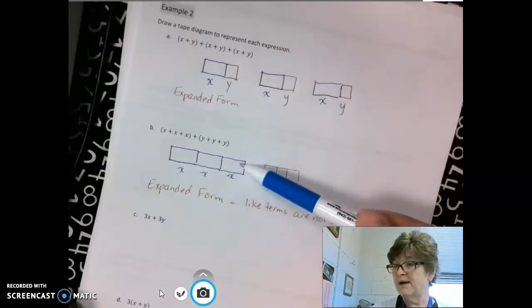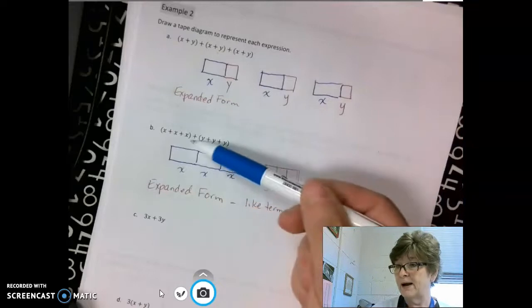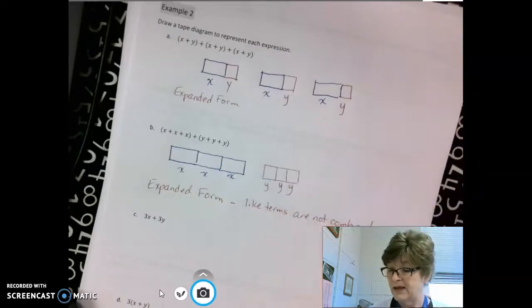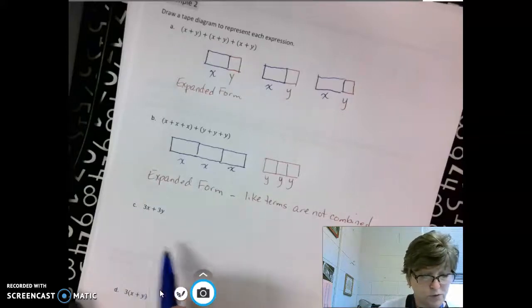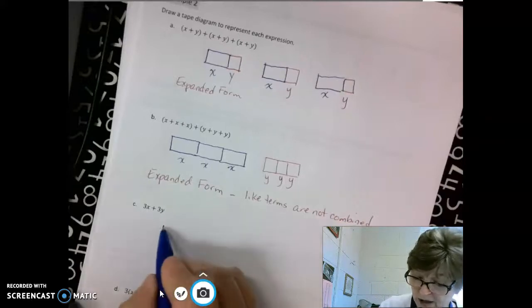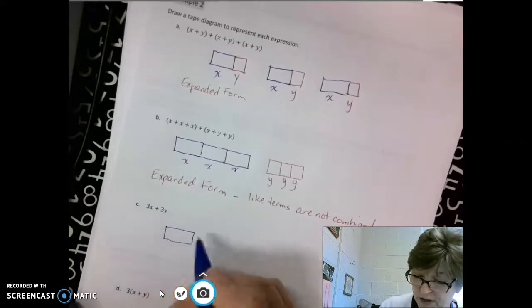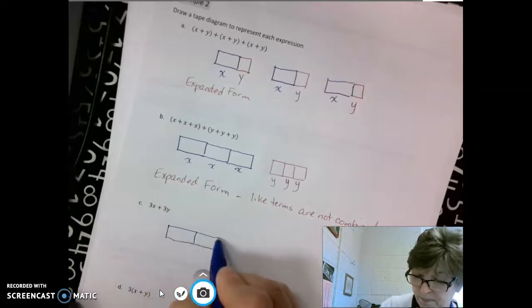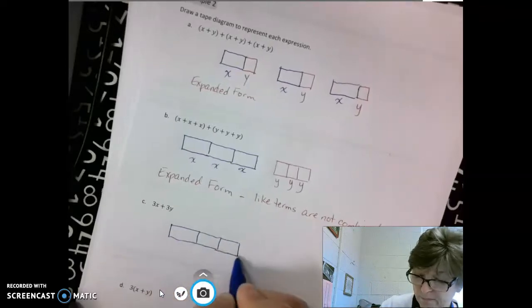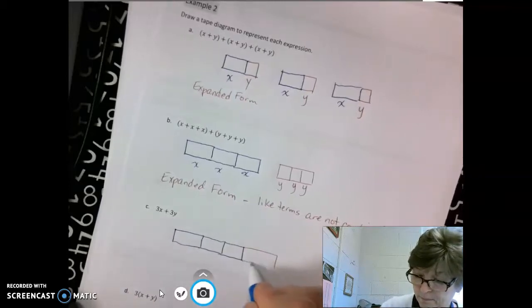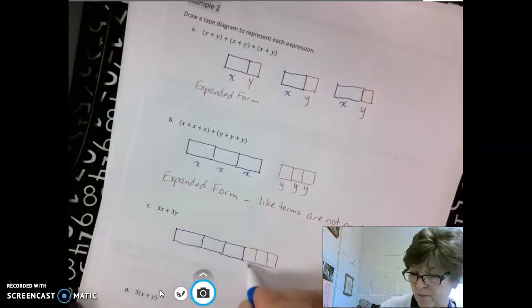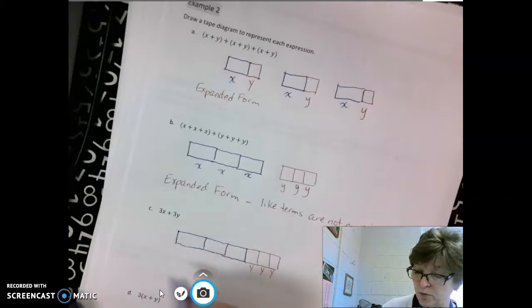I've now combined my x's, grouping them together, combining these like terms in the tape diagram. So we're moving down to 3x plus 3y. So now we're actually doing a full combination. Now you're seeing how I've grouped these together.